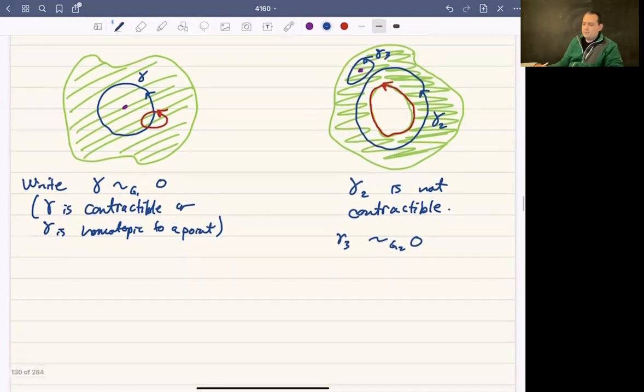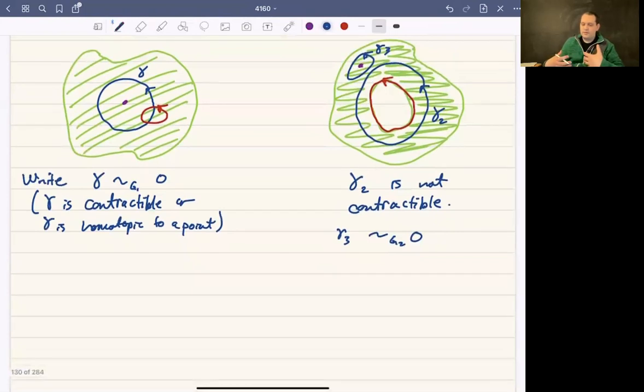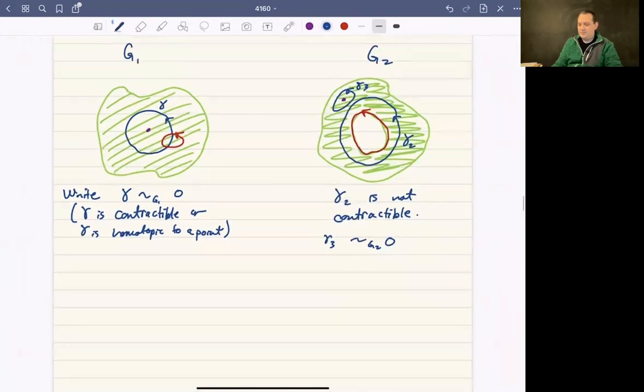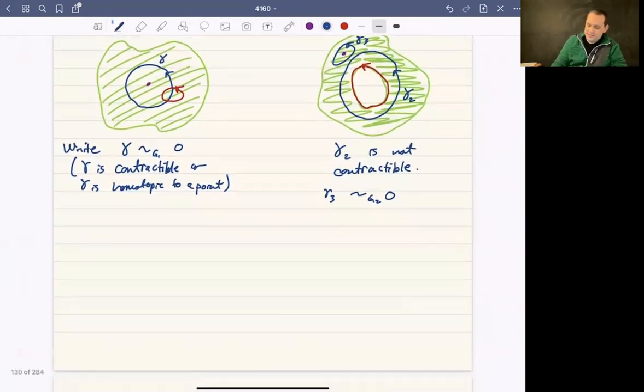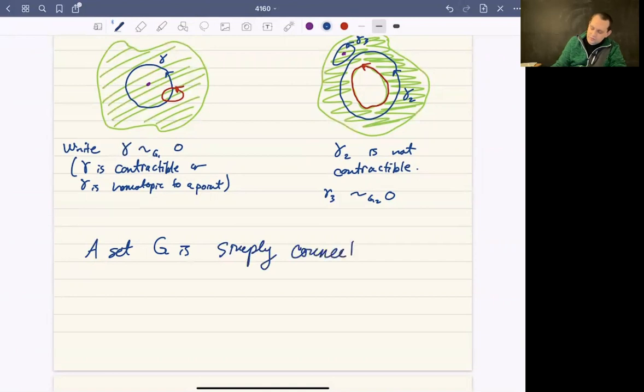Now, this is somewhat circular reasoning, but I think it's okay and I think it's clear. We're going to say that a set G is called simply connected. Simply connected just means that it has no holes.